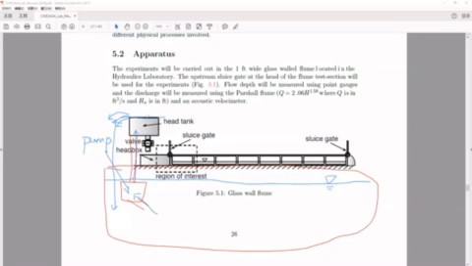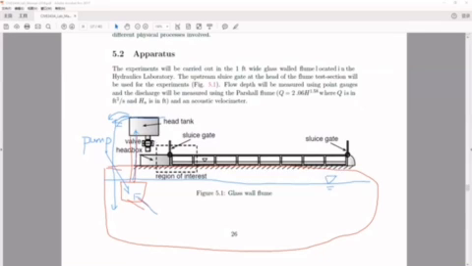The reason we need a full head tank is that we want the head tank to maintain a constant head. As you see here, there's a vertical pipe and a valve. The valve is used to control the opening in this pipe and determine the flow rate coming down from the head tank to the flume.